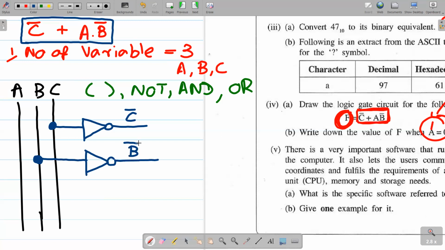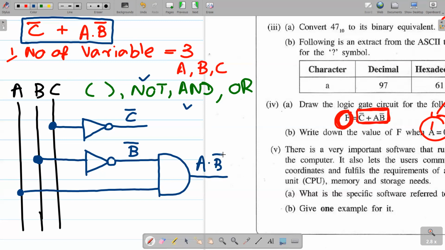Then you have to take the A signal from the line A. A dot B bar is the next one that we have to consider, because there are no brackets. We are done with the NOT. Now we are going to do the AND. So the AND gate will be placed over here. So this is going to be A dot B bar.